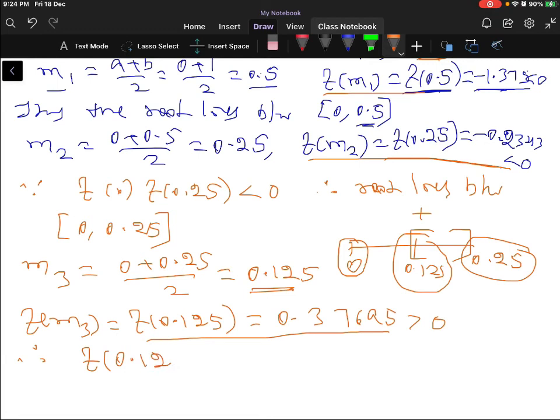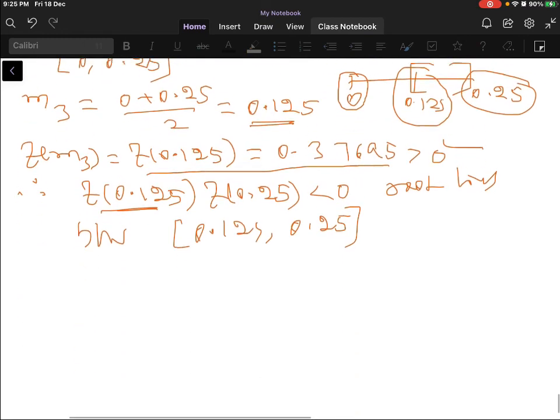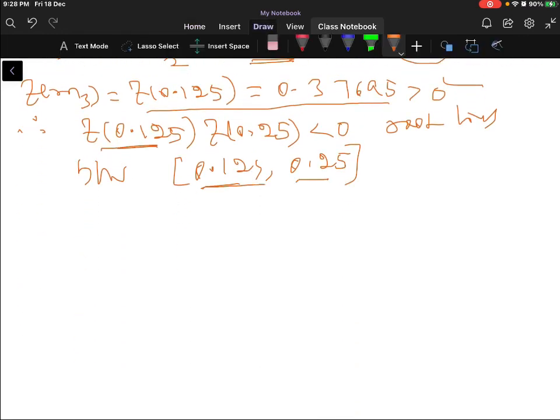Since f(0.125) × f(0.25) is negative, because f(0.125) is positive and f(0.25) is negative, the root lies in the interval (0.125, 0.25).